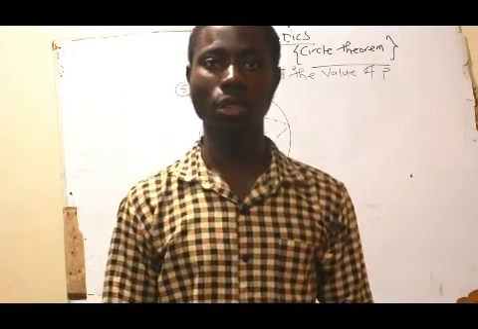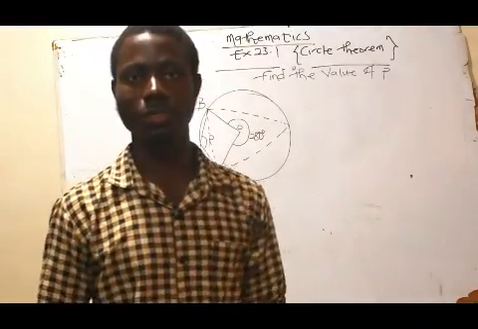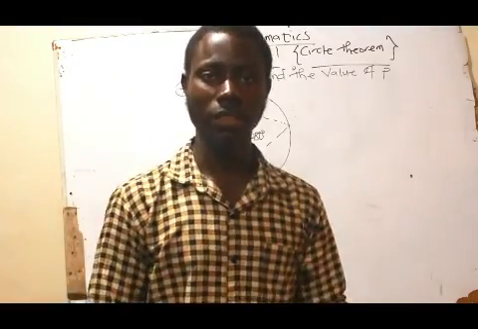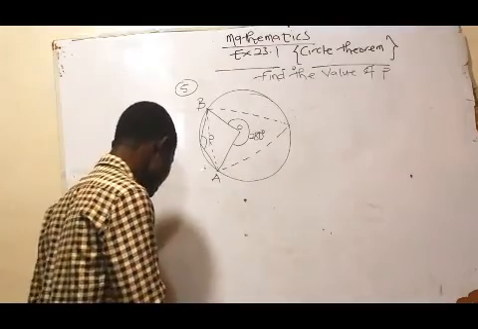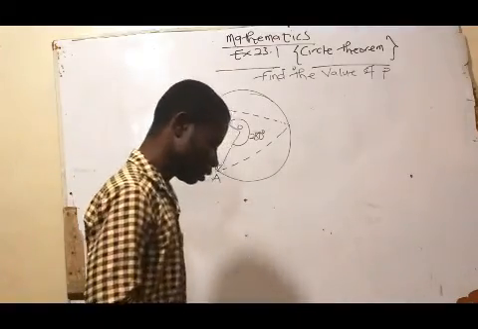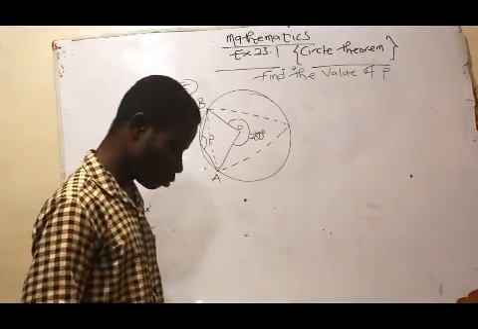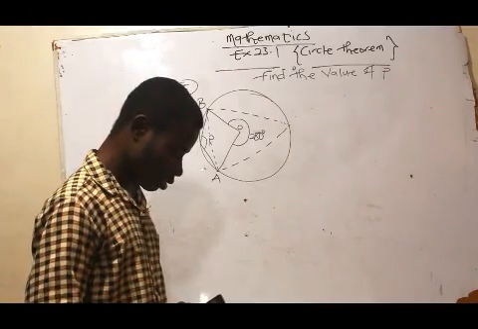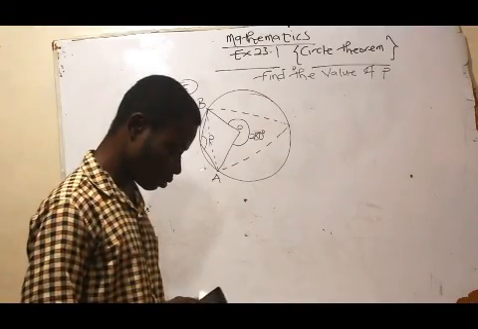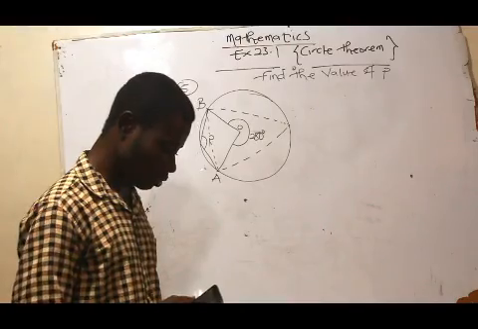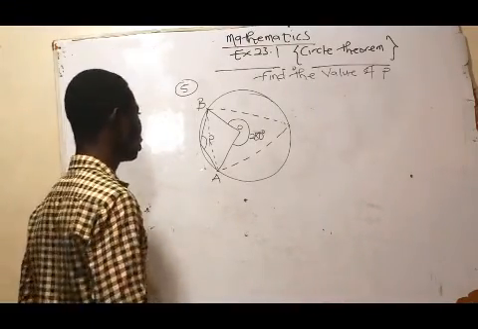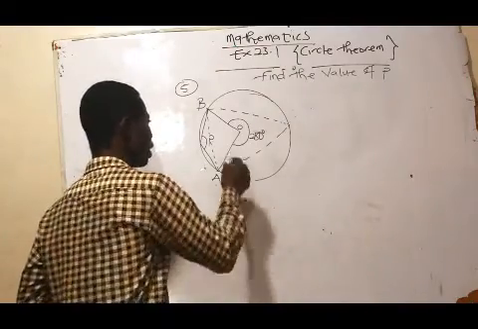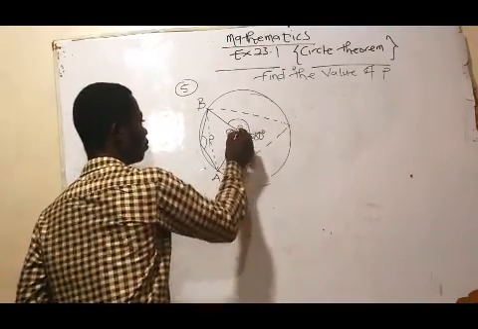So we can use that property to get what we want. We have 280 degrees here. Let us quickly deduct 280 degrees from 360. It's 360 minus 280 degrees, which gives us 80 degrees. So we have 80 degrees here.